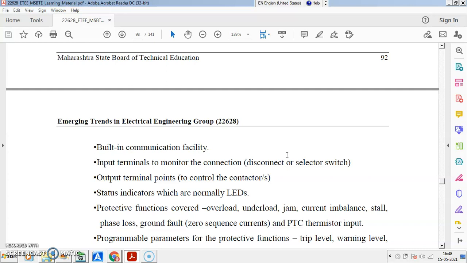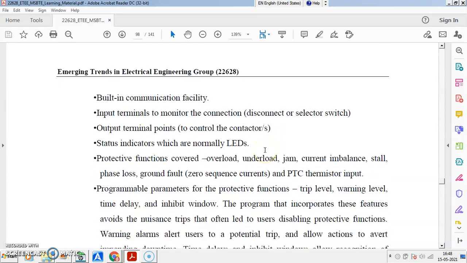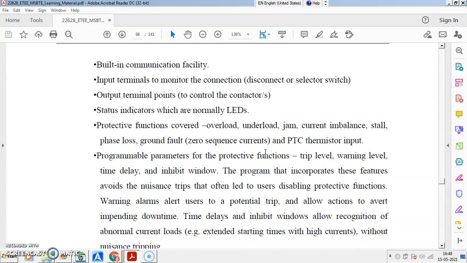Programmable parameters for protective functions like trip level, warning level. Then time delay, then inhibit window, the program that incorporates the features to avoid nuisance trip that can often lead to users disabling the protective functions.